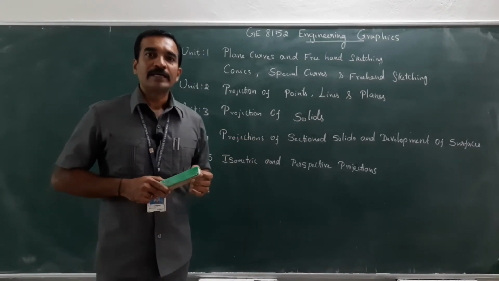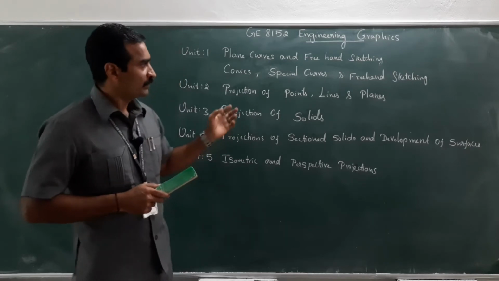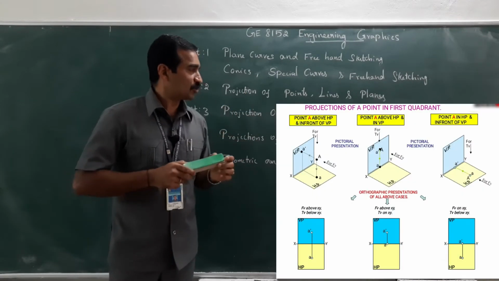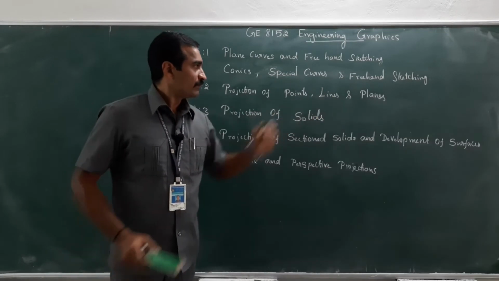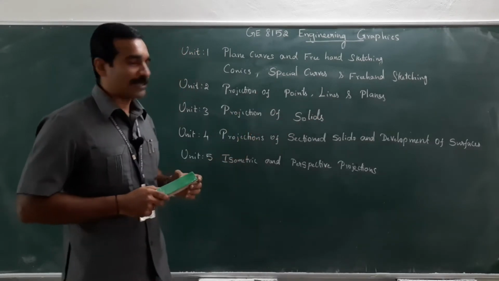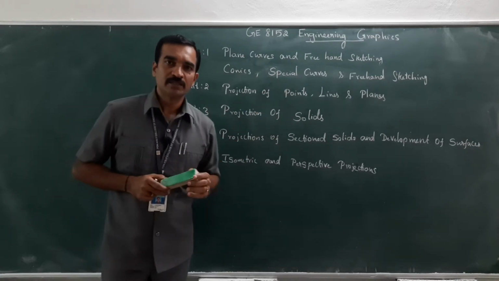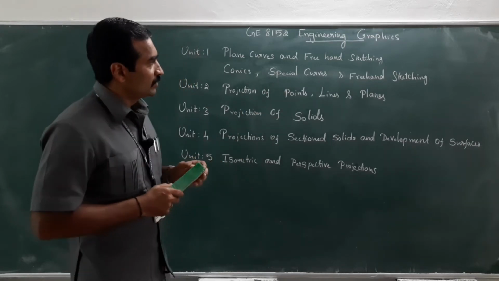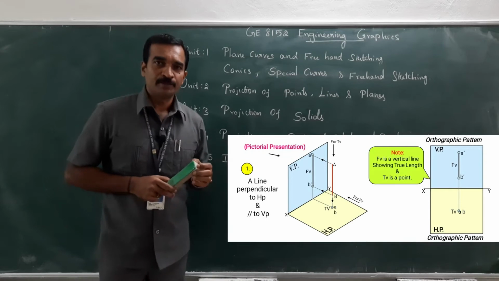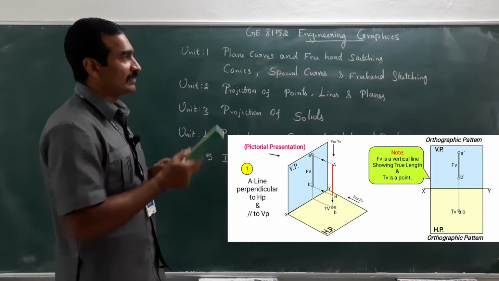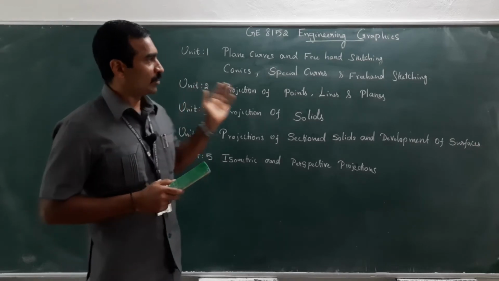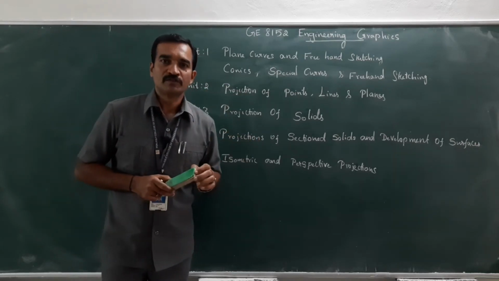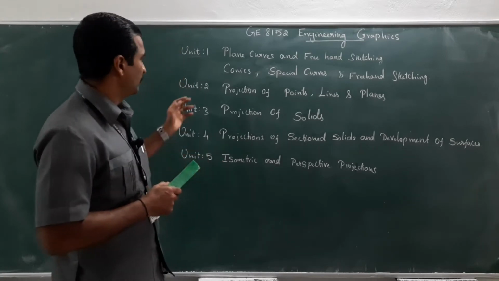Let's move to unit 2, which talks about projection of points, lines and planes. A point is a dimensionless object which has various positions, a total of 9 positions. Projection of straight lines deals with a one-dimensional object, where only the length of the object is there, and there are a total of 6 various positions.